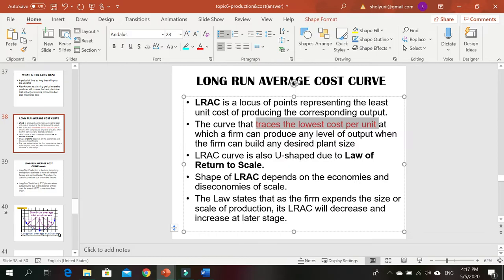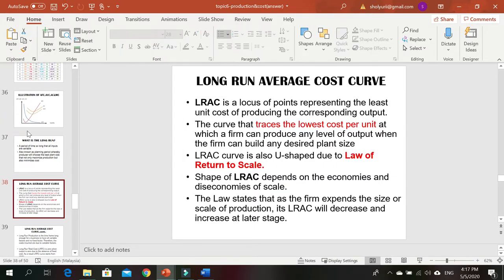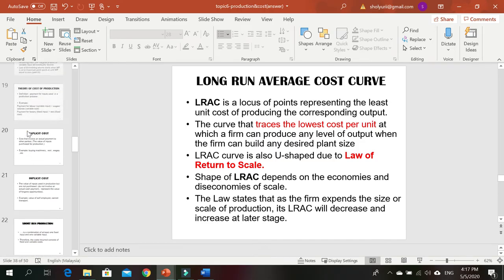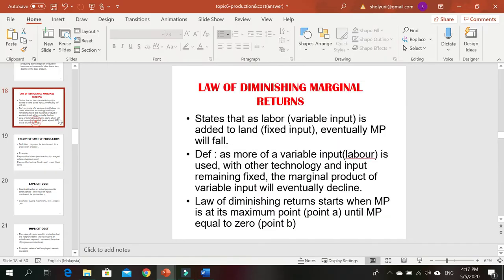Okay, so there is a law that governs the long run average cost curve, which is the law of returns to scale. So in economics, for those of you who are studying, you only learn 2 types of law. In production, you learn about the law of diminishing marginal returns. Okay, this will happen in short run production when we have TP, AP, MP.